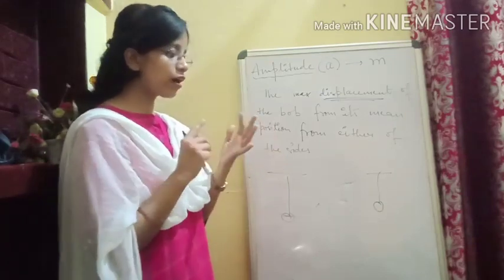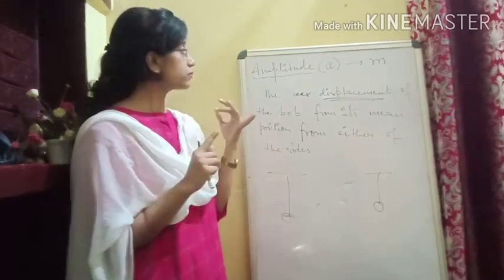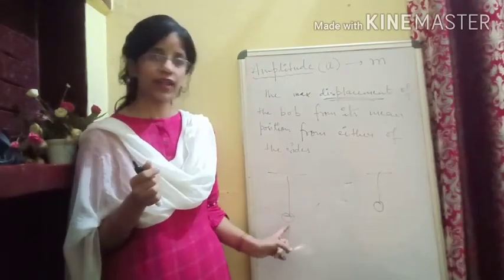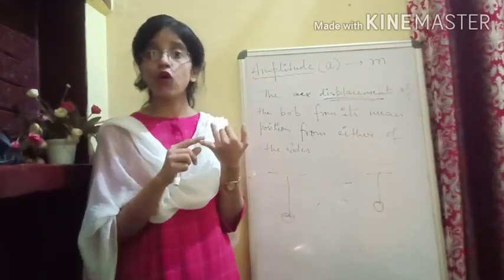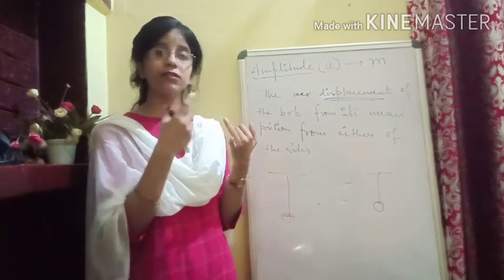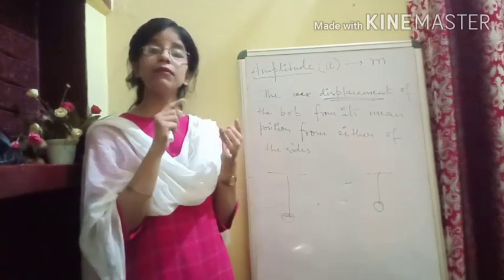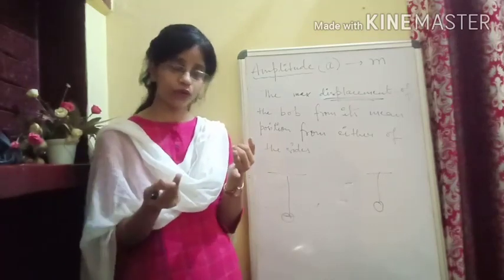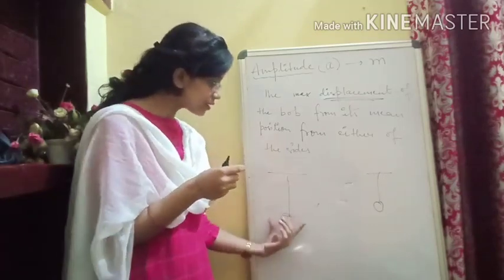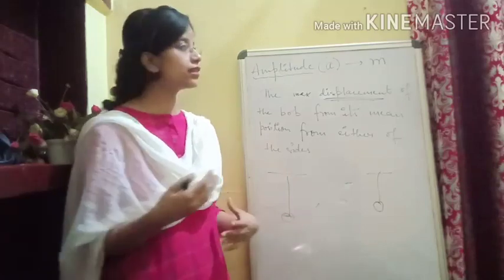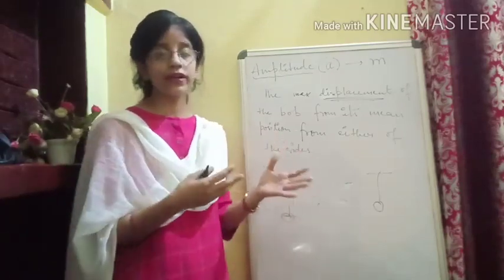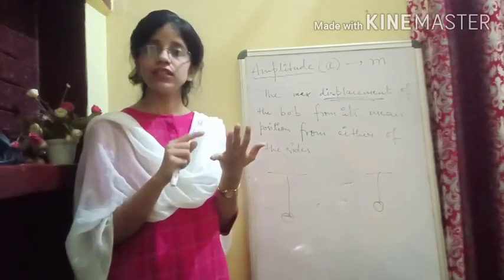So far we have learned about the simple pendulum. Is it clear what a simple pendulum is? Which setup is known as a simple pendulum? We are taking a bob, a heavy point mass. Then we are taking a massless and inextensible string, which I have told you, you need to recall. And then we are taking this setup and it is known as a simple pendulum. And then there are some terms which we have already seen, that is oscillation.